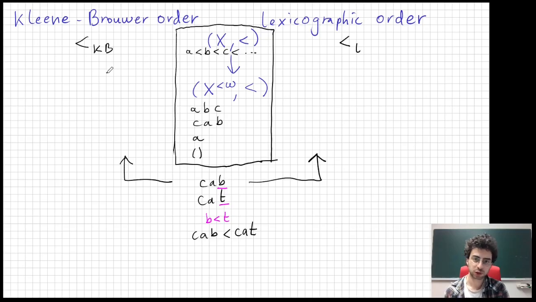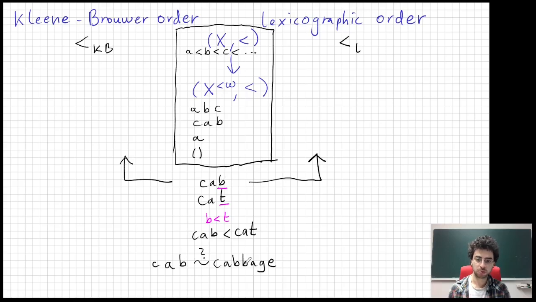There is a special situation that happens when one word is a strict prefix of the other. For instance, I could have cab and I could have cabbage. So now we're wondering how these two are related, because obviously this method doesn't work.